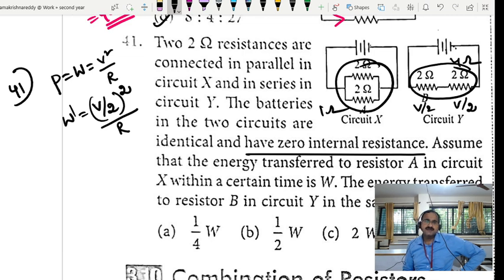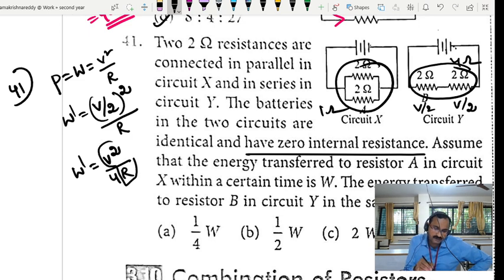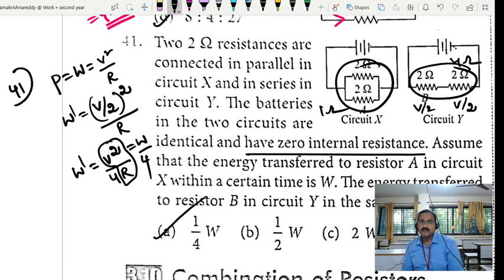In the first case, P is equal to W, that is equal to V square by R. Now from this, W dash is equal to V by 2 whole square, nothing but V square divided by 4R. But what is this value? W only, no? W divided by 4. That is what you have to focus on.